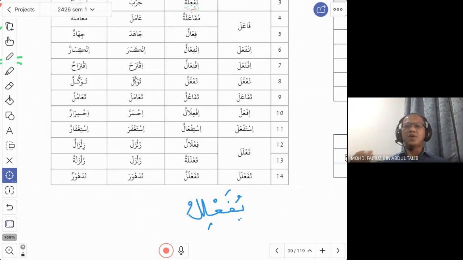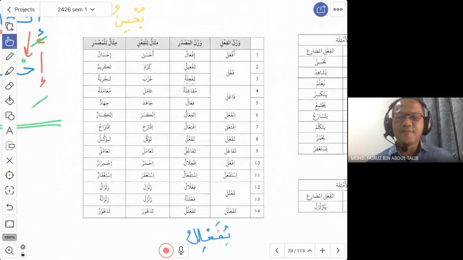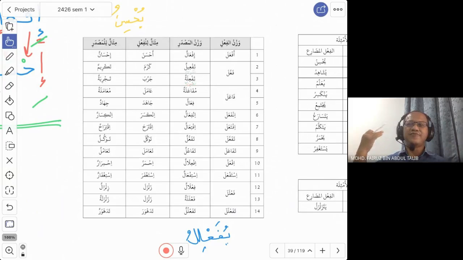So tadahwara, mudari is yatadahwaru from the previous table, and the masdar, we follow this: tafa'lul, tadahwur. Tadahwur, going backwards. So these are the wazan of masdar for each of the wazan fi'il that we have learned previously.